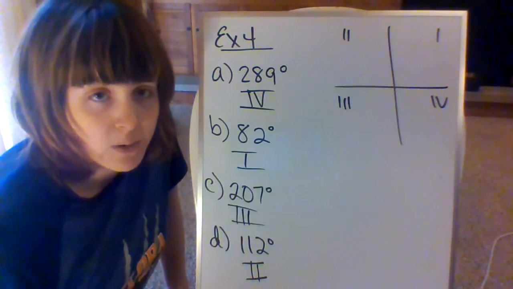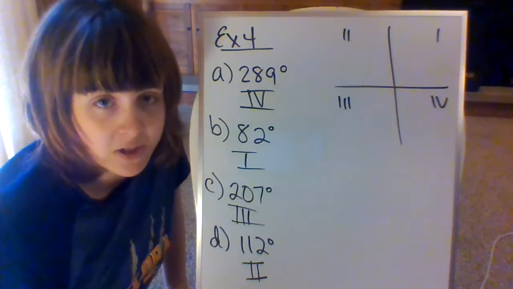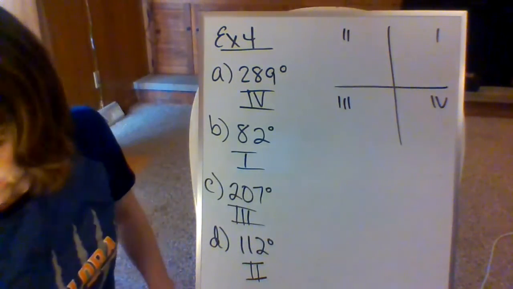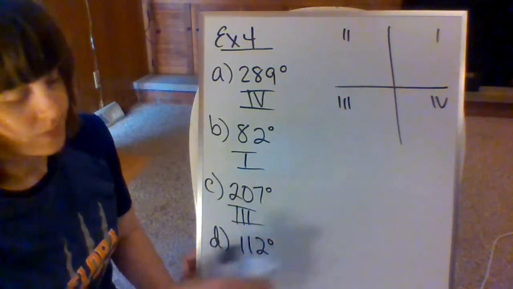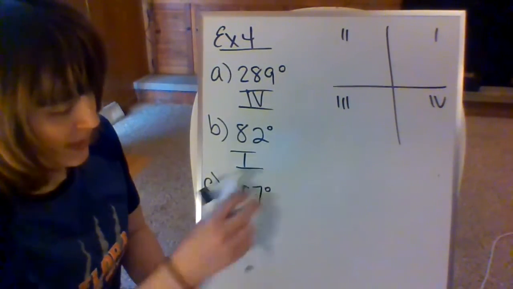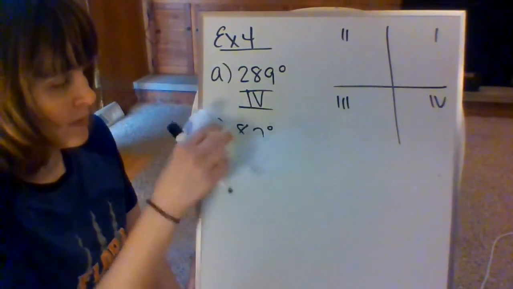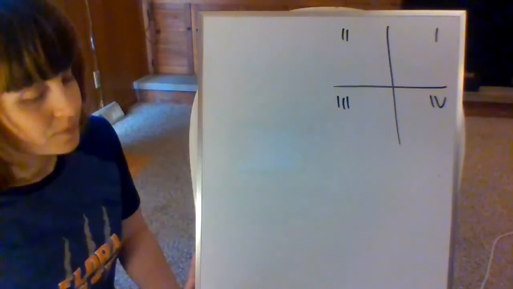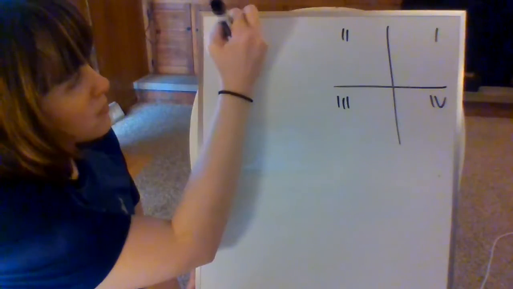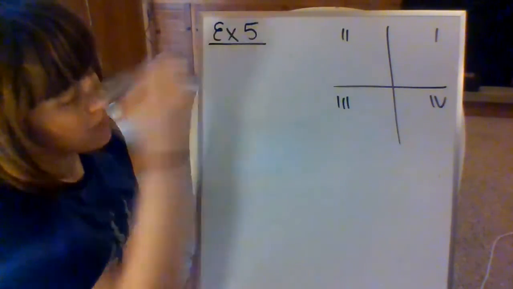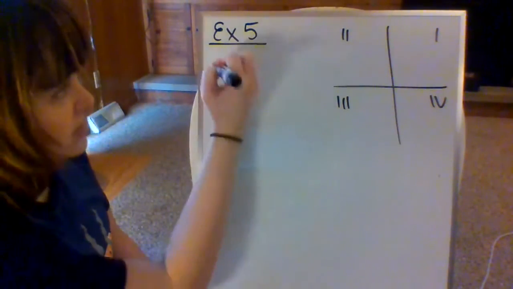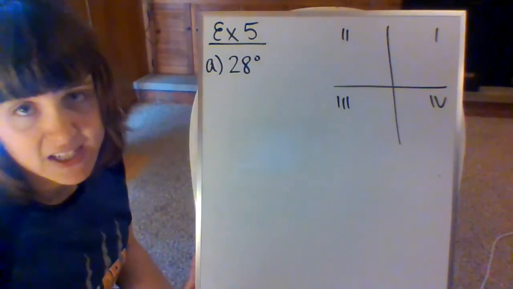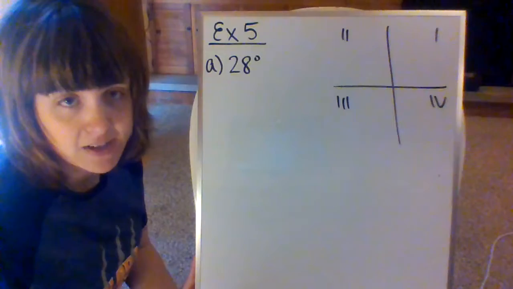Now we're going to take that one step further. We're going to identify the quadrant and then find its reference angle. Alright, so example 5, like I said, first you tell me what quadrant this is in, then we're going to find its reference angle.